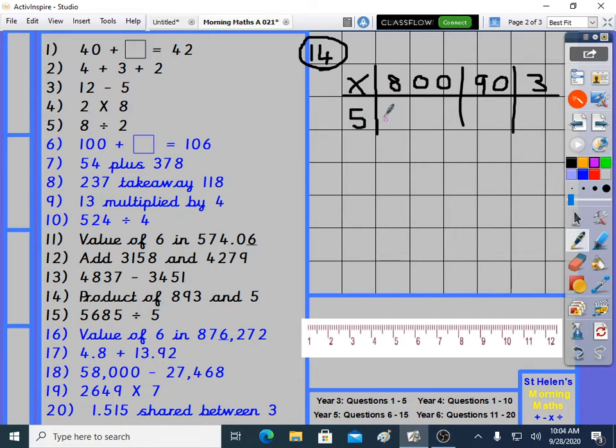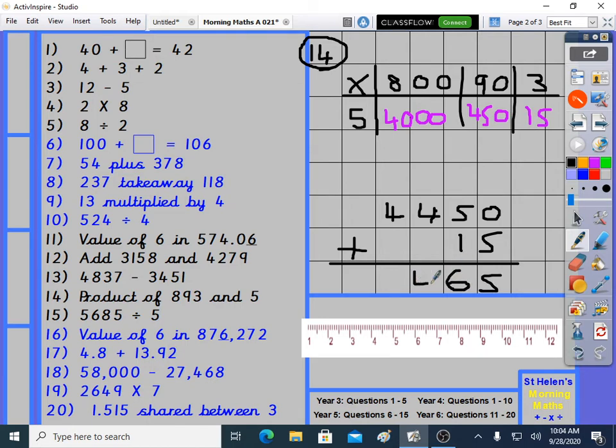Okay, 5 times 8 is 40, and place 2 zeros. 5 times 9 is 45, and place 1 zero. 5 times 3 is 15. 4,450 and 15. So we could add them in column method, but I know 4,450 will fit together to make this. 4,450, that's those two, plus 15. That's going to be 4,465. That's our answer, 4,465.